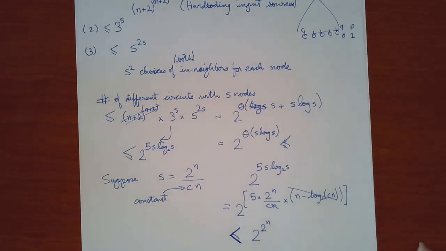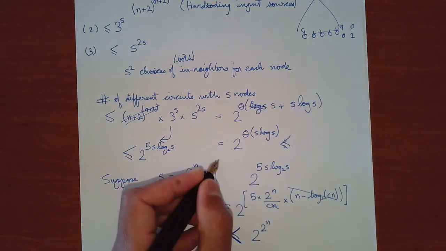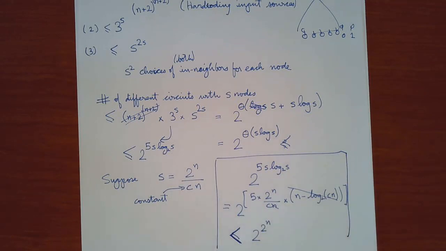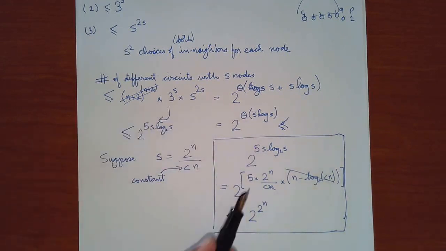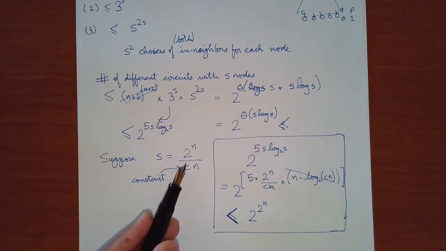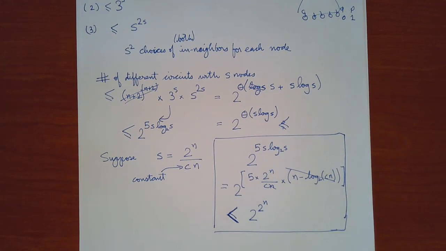So this is in some sense the piece of math that you need to see. The 2 to the s log s, when s is 2 to the n divided by Cn, then the whole thing computes to be less than the total number of functions.